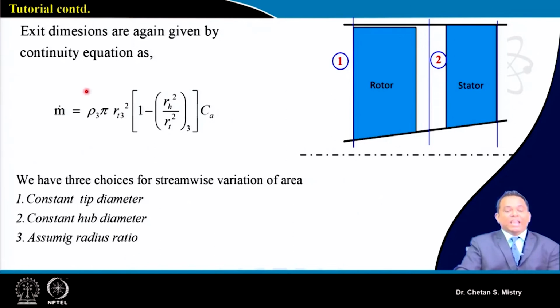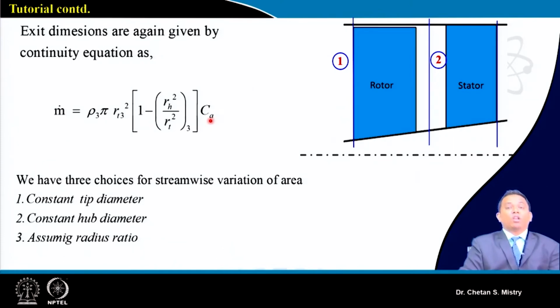So, at the exit station, I can write down my mass flow rate equation as rho 3 pi, this is my tip diameter at the exit, this is my radius ratio at the exit, and this we can say is my axial velocity. Now, let me put this as a special case.